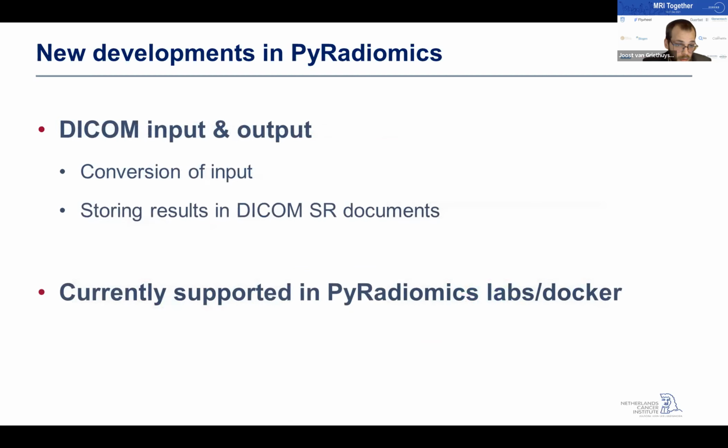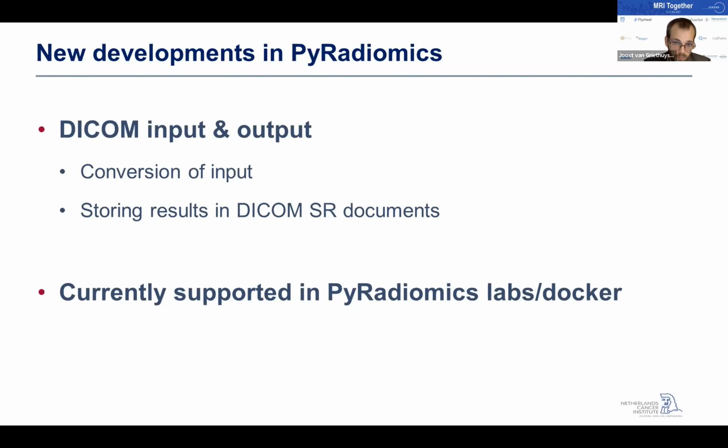Finally, another experimental extension is DICOM. It's used a lot and has very great cross-referencing and versioning, but it's generally a bit more difficult to use. So what we've added to PyRadiomics is a fully DICOM pipeline, where you can put in DICOM images and segmentations, which get converted and processed by PyRadiomics, and the results are also stored in a DICOM SR document.